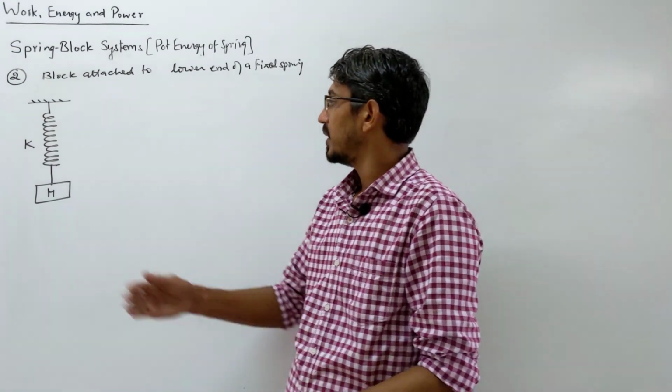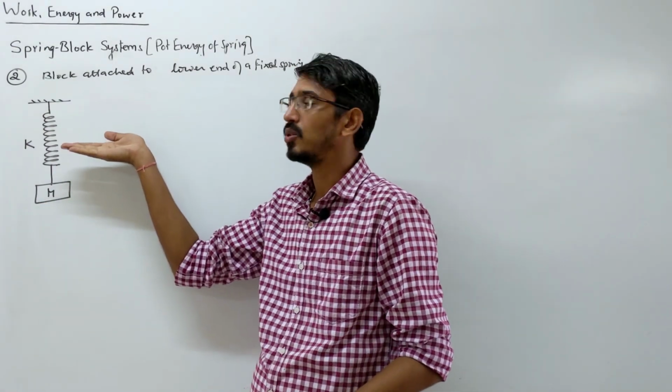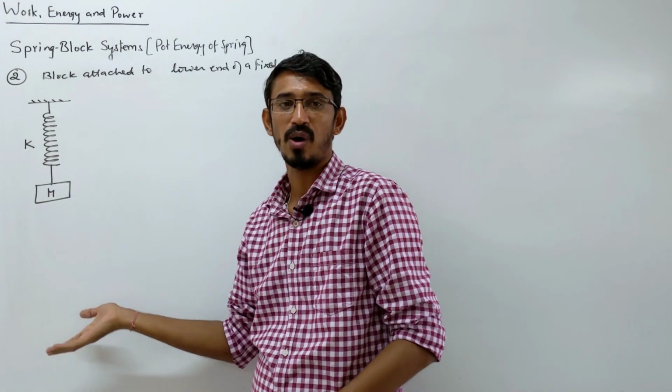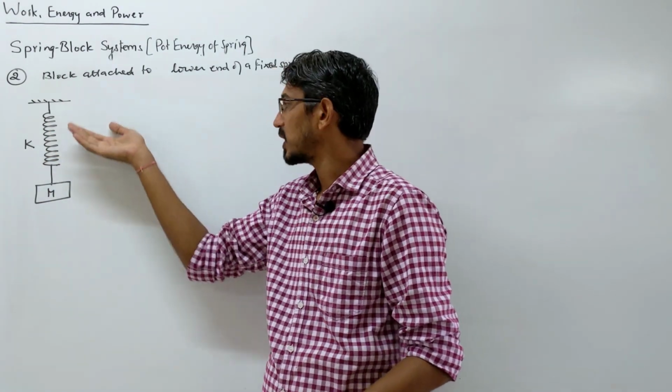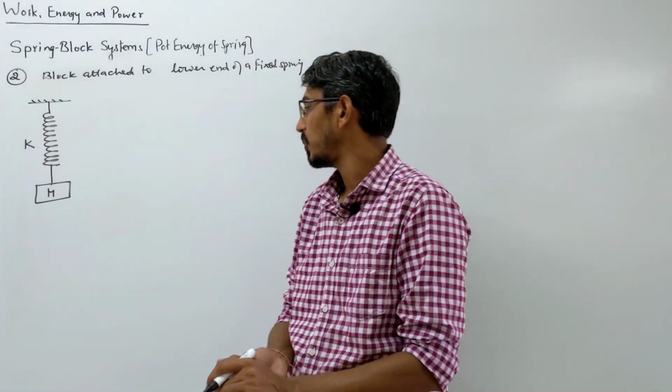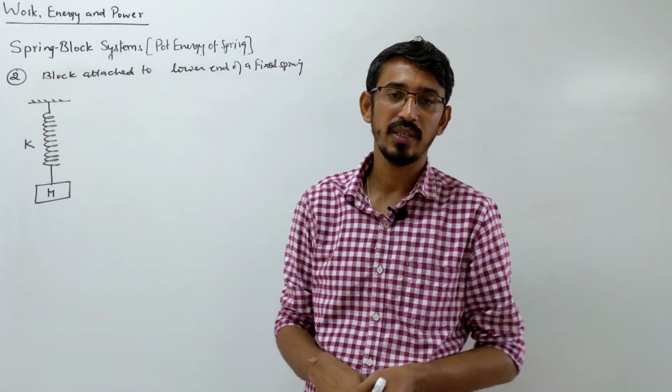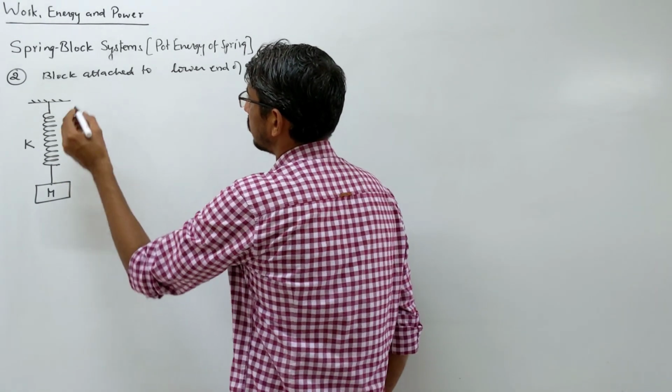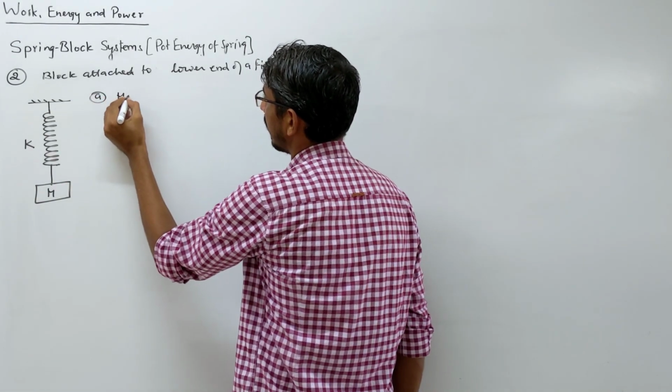So initially we said we are supporting this, so the spring is at its natural length, and then you leave this block, correct? Then it will expand the spring, right? So again two questions are possible: what is the maximum expansion, and what is the expansion under equilibrium, right?